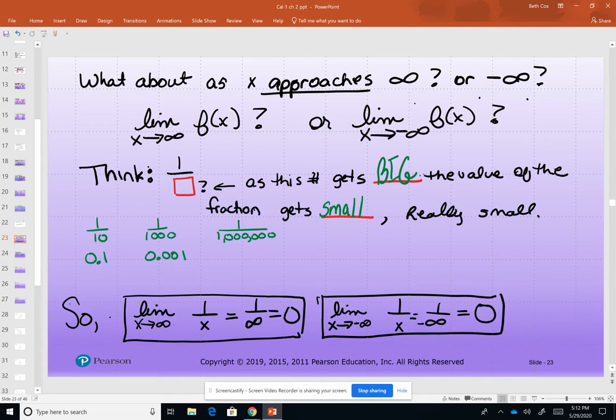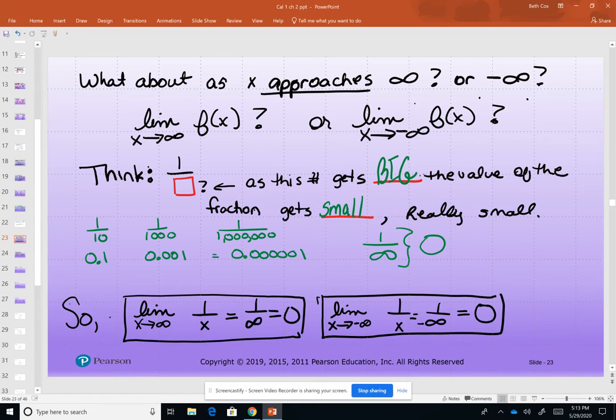that's really big, but the actual value of this fraction is really, really small. So as the denominator goes to infinity, the value of the fraction, not the absolute value, we're not going there, gets smaller and smaller, closer to zero.